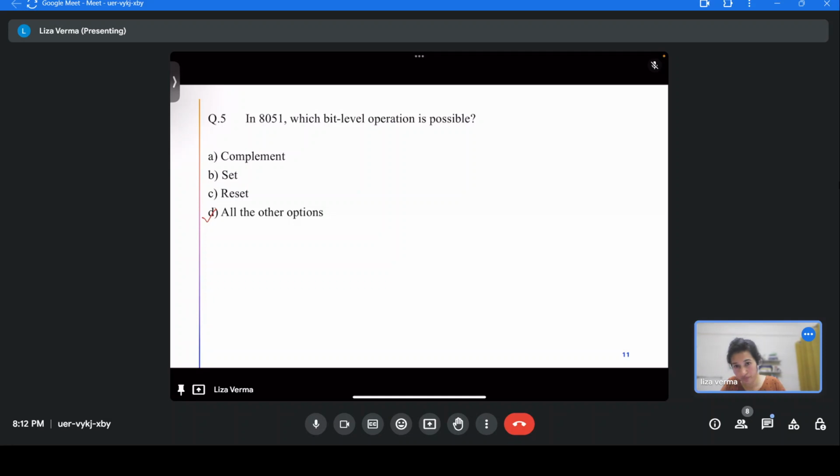Then, in 8051, the contents of SP register after reset is, I think we have discussed this more than what was required, but yeah, 07H. Option D. So, how many 16-bit registers are there? 2.